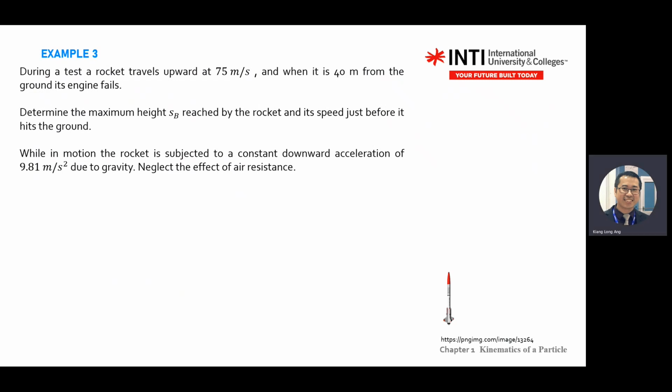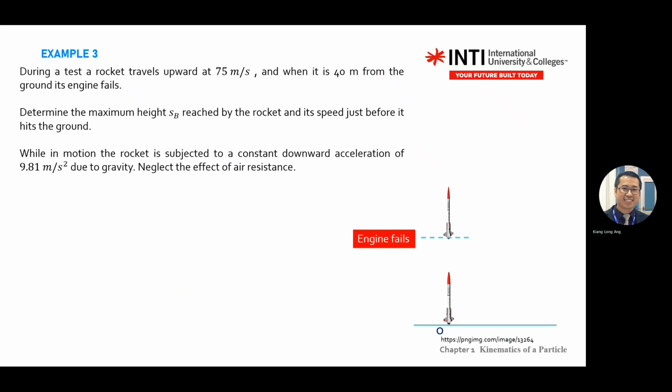So first step, you need to determine where is positive, where is negative. Go to your diagram. You can represent this object as a particle, marked 0 for your ground. Go up is positive. At 40 meters, it failed. So first point, A is 40 meters, velocity at that time is 75. Then it slowly slows down.